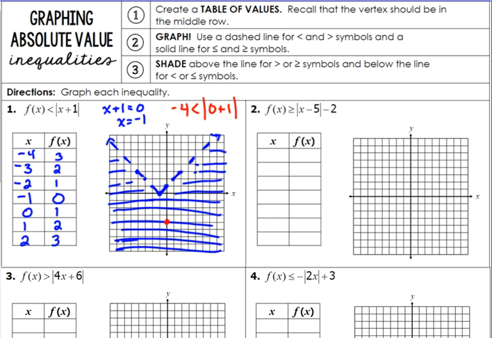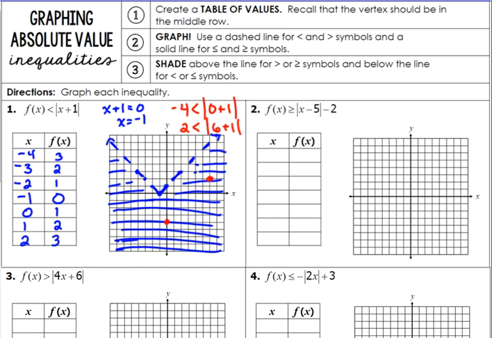Yes, that is true. I could have picked any point. I could have picked, let's say, 6, 2 over here. If our y value is 2 and our x value is 6, then that inequality holds true. 2 is less than the absolute value of 7. Any point in that shaded region will make that inequality true. That's what this whole graphing and shading stuff is all about.